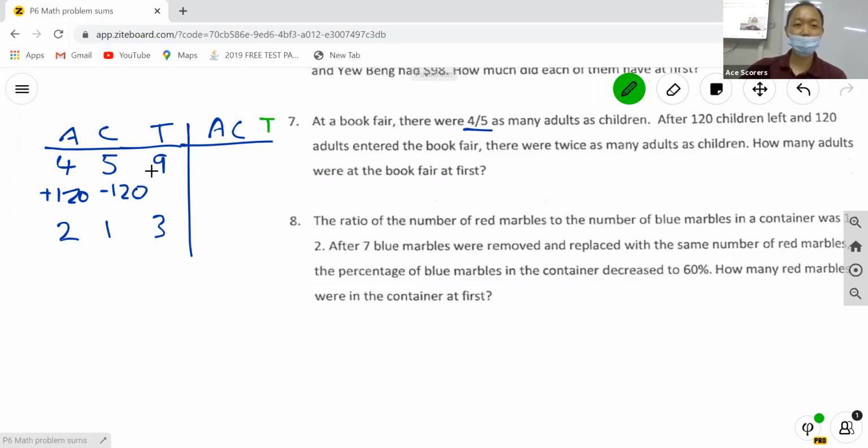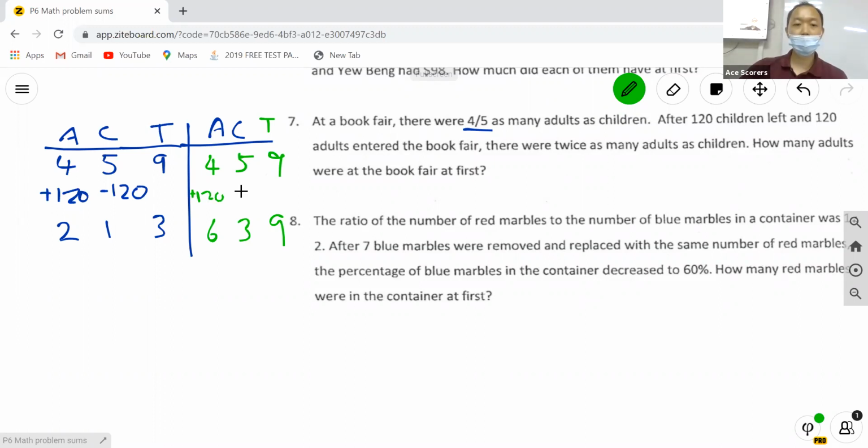Alright, so the first row, I don't need to do anything. This is still 4 and this is still 5. Got it? And the second row is changed to 9. Here times 3, times 3. So it becomes 6, 3. Okay? So the numbers are still the same. Here is still plus 120.